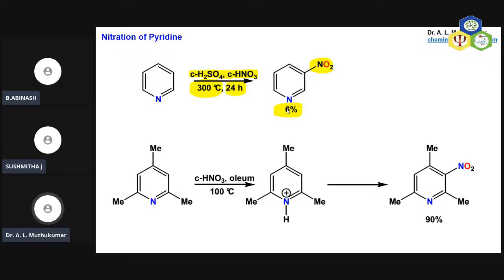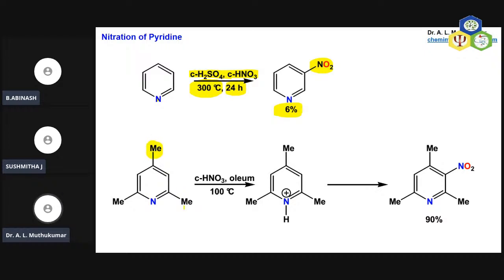So how to overcome this drawback? The only solution is to convert this pyridine into some other compound, and after that you can carry out the reaction, so you will get somewhat better yield. For example, in this case the compound is collidine, that is 2,4,6-trimethylpyridine.